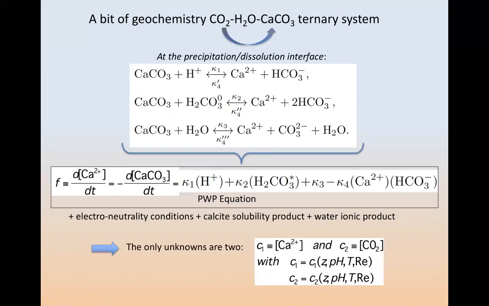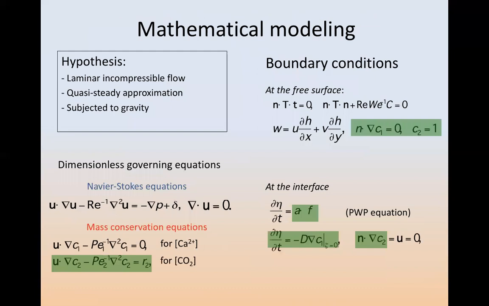At the end, we know that there are only two unknowns in the system, the calcium concentration and the CO2 concentration. So, using the same framework as before, indeed it's a very similar slide, this one, but I have marked in green the differences with respect to before.